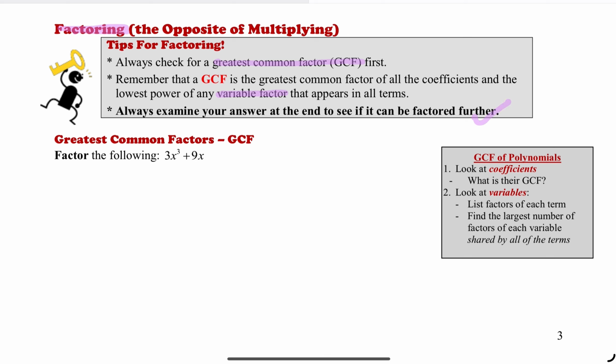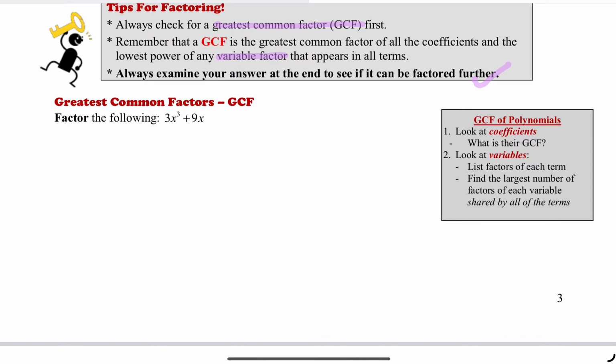Okay, so let's do the first question here. The greatest common factor of 3 and 9. I know 3 can be 3 times 1, 9 can be 3 times 3. So the greatest common factor is 3, right? So that means I'll factor out the 3, but that's just for the coefficient. I need to also look at the variable. So x cubed and x.